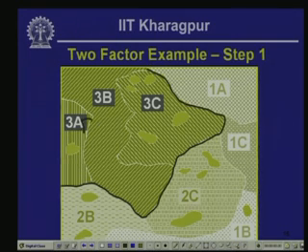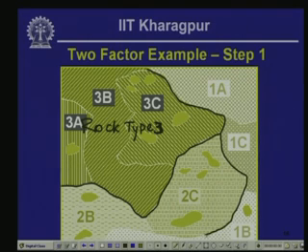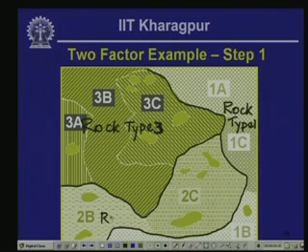So, this area here is rock type 1, sorry, rock type 3 I am calling it here. So, let us maintain the same nomenclature. So, this is rock type 3. Then the area along the right margin of this particular map and most of the bottom margin of the map, we have rock type 1, and in the middle you have rock type 2.